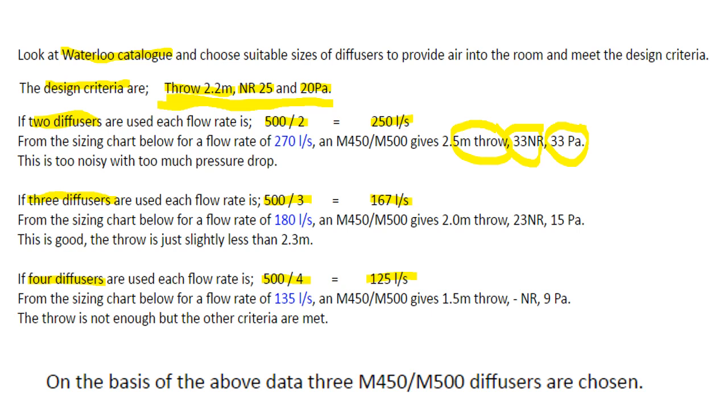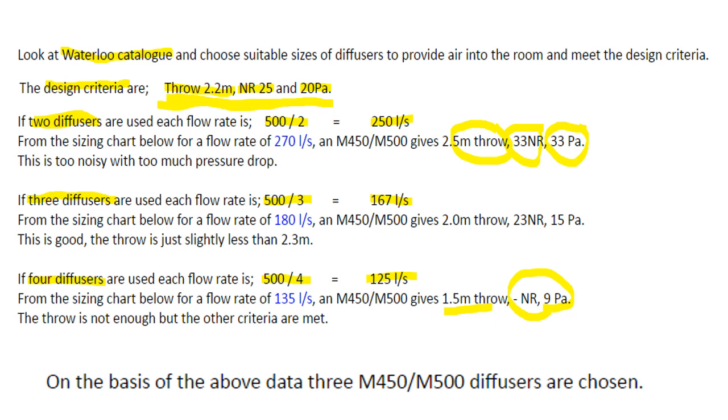And from all 3, if we choose 4 diffusers, we will have a 1.5 meter throw, and the noise reduction is negative, and the pressure drop is 9 Pascal.